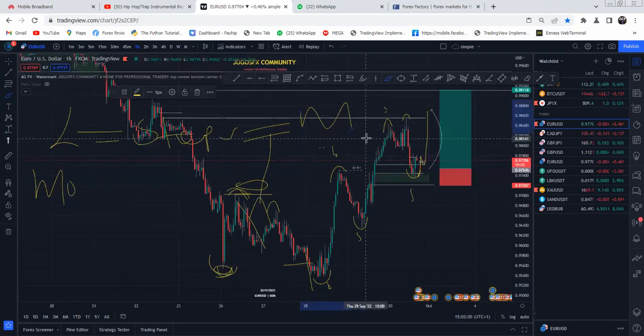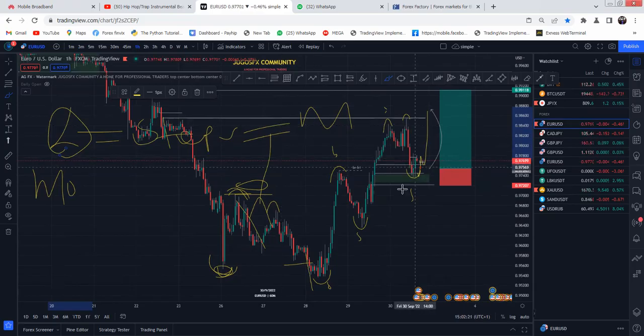So put that in mind. The market is looking for money. The market is looking for people's stop losses, buy stops, take profits, and all those things. The market is looking for liquidity, and liquidity is equal to money. So in the forex market, liquidity is equal to money. That's where money is sitting. All right, so see you guys in the next lesson.